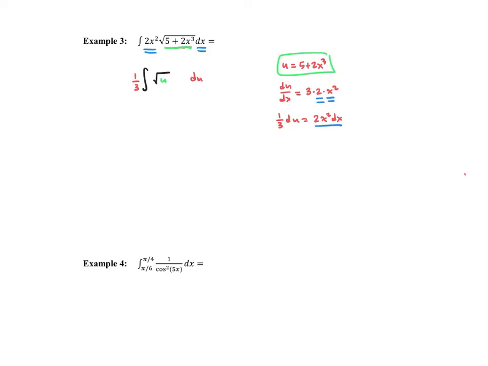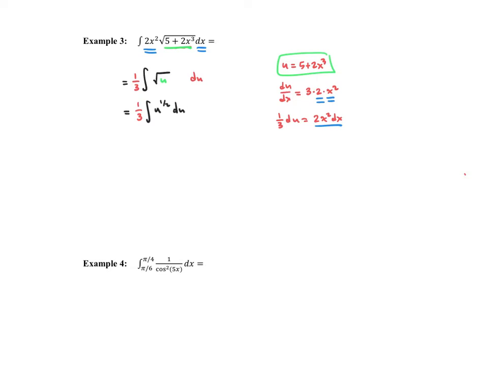Let me clean this up just a little bit. Well, we just got some aggressive spacing here, but that's okay. I'm going to clean it up along the way. So I'm going to take 1/3 the integral of u to the 1/2 du.